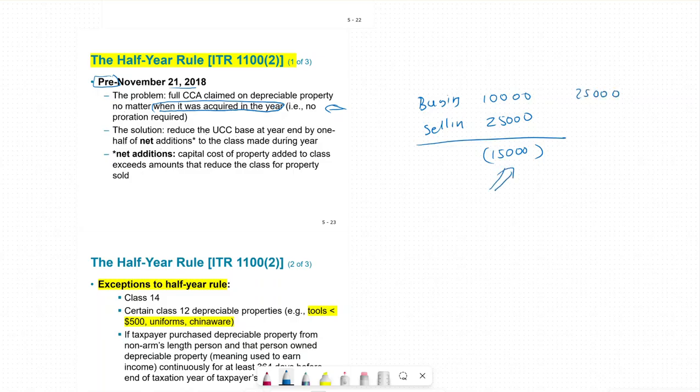If I purchased for 12,000 and sold something for 10,000, and the difference is 15,000, we call it net addition. If your net addition is 15,000, the half-year rule applies to the net addition.